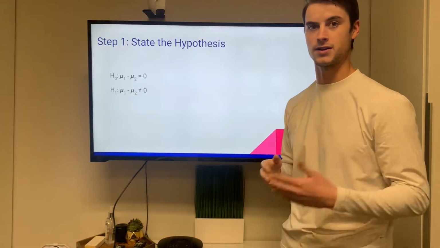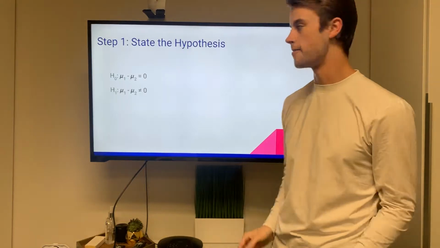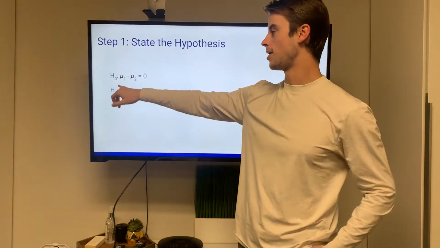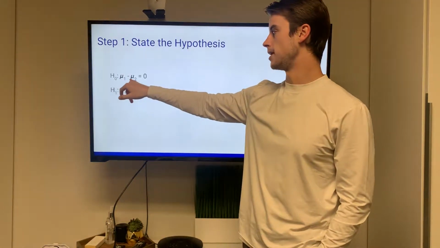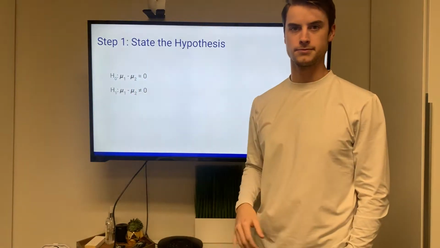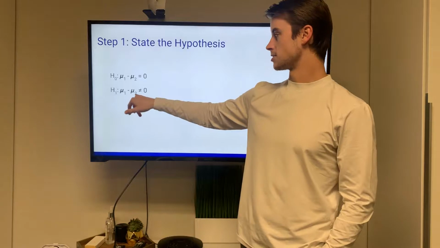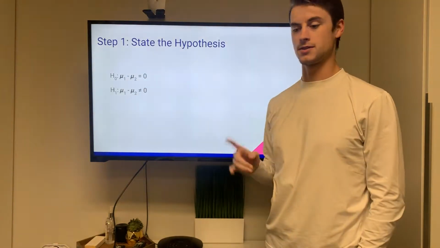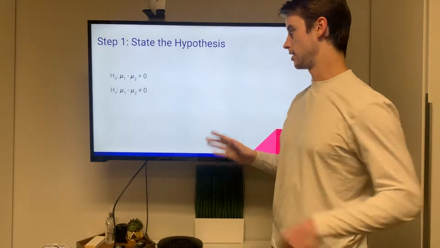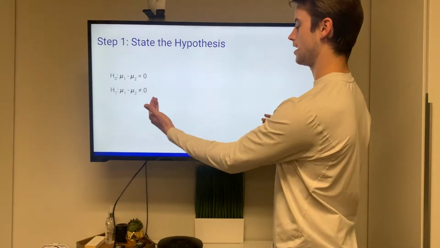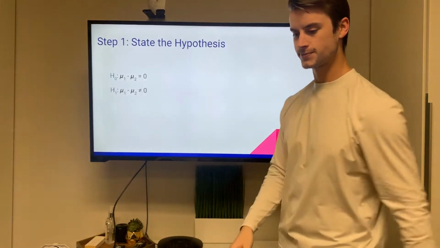It didn't give us a specific less than, greater than, all that stuff, right? So in this case, our null hypothesis would be mean 1 minus mean 2 is equal to 0, okay? Our alternative hypothesis is mean 1 minus mean 2 not equal to 0, right? That means two-tailed test, we want to find it on either side, right? We have a rejection region on the left and a rejection region on the right, okay?